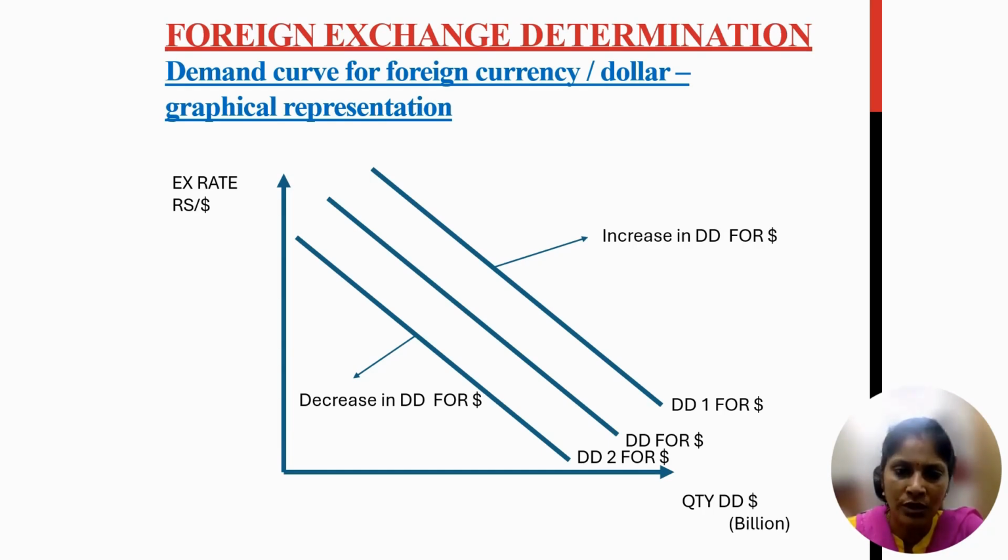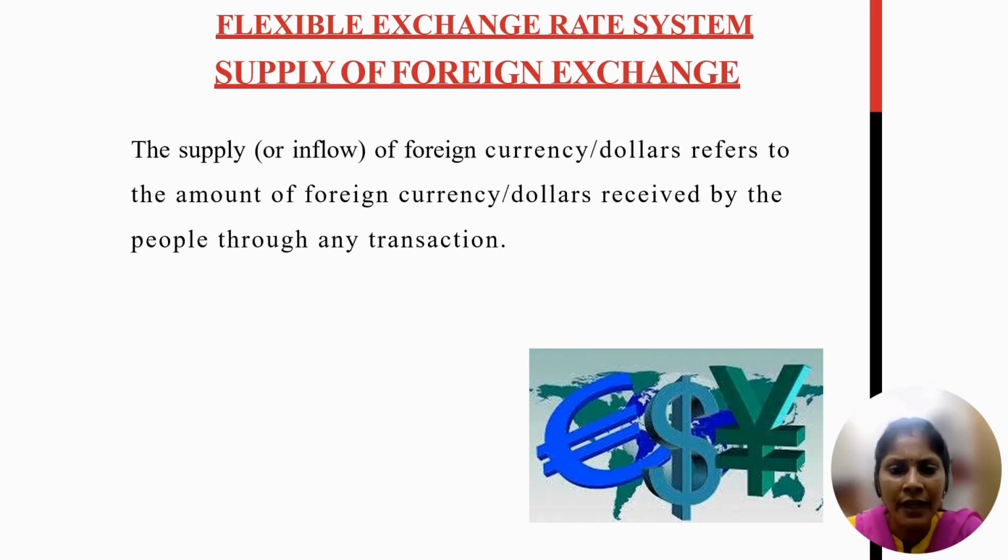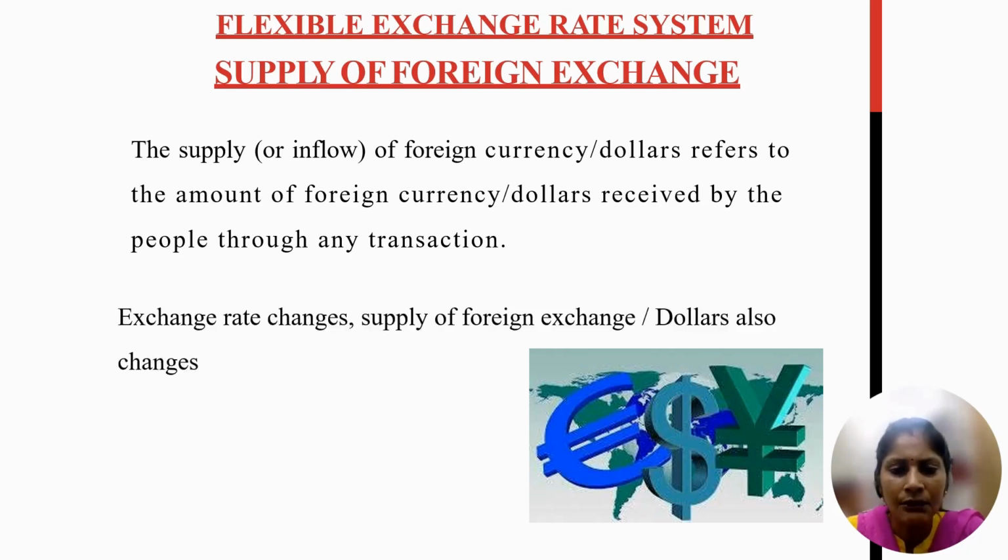upwards or downwards. The next very important component is the supply of foreign currency or dollar. It is defined as the amount of foreign currency received by the people through any transaction. So it explains the inflow of money from foreign countries to India. Whenever there is a change in the exchange rate, it will change the supply of dollars.